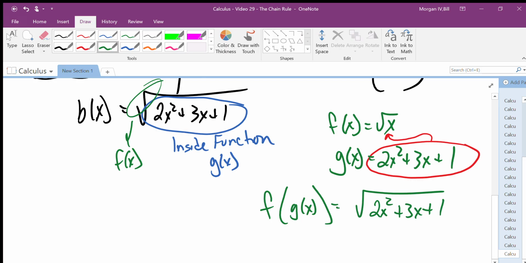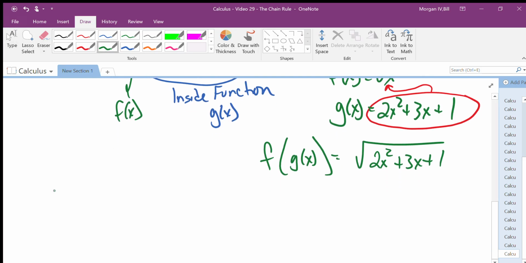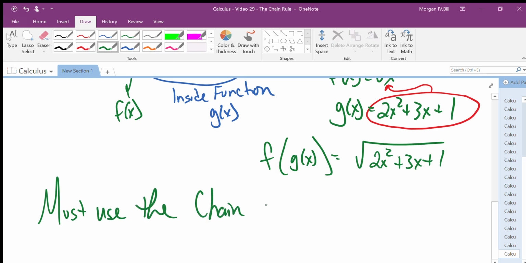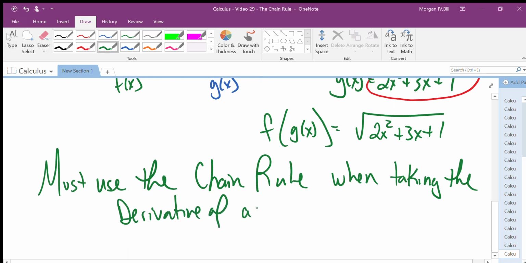Anytime you have a composition of functions and you want to take the derivative of it, we have to use the chain rule. Must use the chain rule when taking the derivative of a composition of functions.